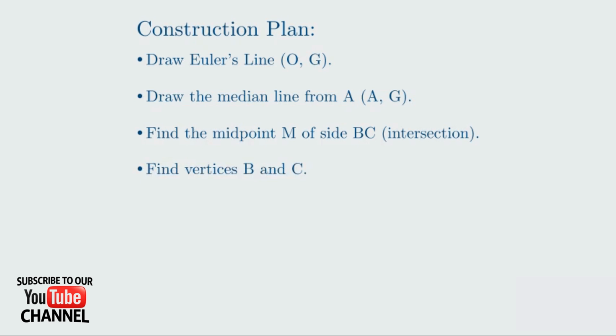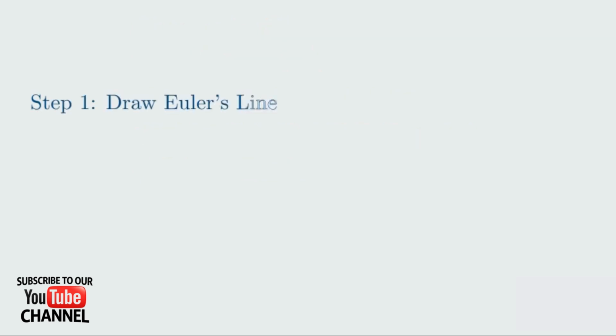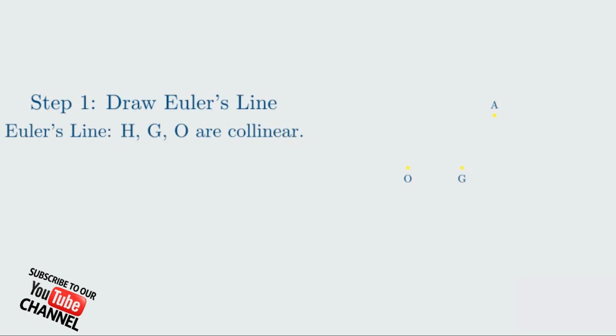Let's get started. We'll begin with step 1, drawing Euler's line. On our plane, we've placed our given points, vertex A, circumcenter O, and centroid G. Based on Euler's line theorem, we know that the circumcenter O, the centroid G, and the orthocenter H are all collinear. Furthermore, the centroid G divides the segment OH in a 1-to-2 ratio.